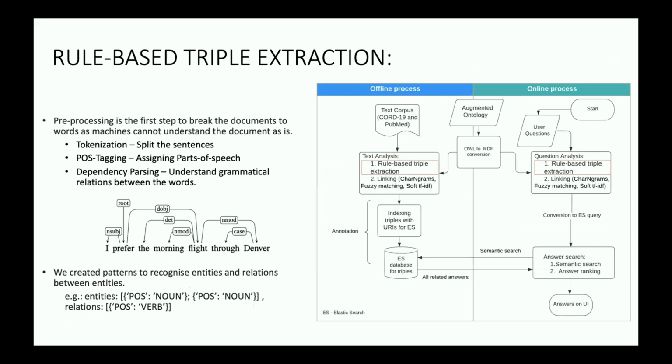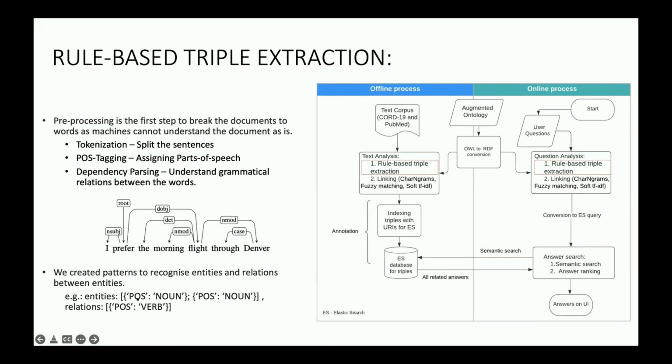The first component of our architecture is rule-based triple extraction. A document cannot be given to a machine as is, because the machine cannot understand it. Therefore, we have to do some pre-processing steps, such as breaking the sentences or document into smaller words, entities or classes. For that, we applied techniques like tokenization, part of speech tagging, dependency parsing, etc. Once the words are divided and the relations between them make sense, we created some patterns.